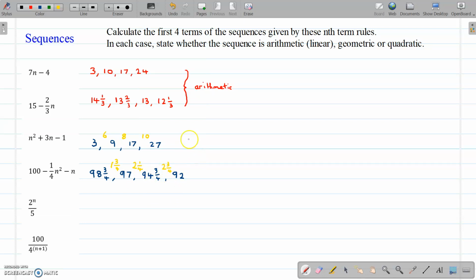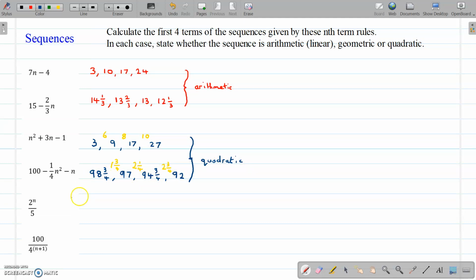So those are both quadratic sequences. Let's just put that there, quadratic. And the clue, as I said, was in the fact that they contain an n squared term.